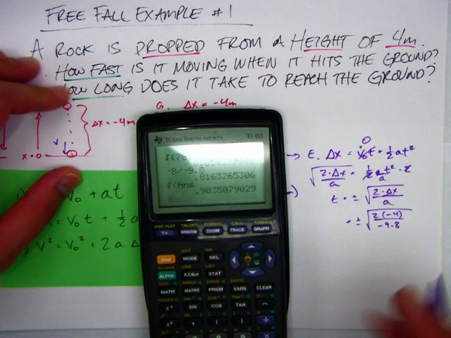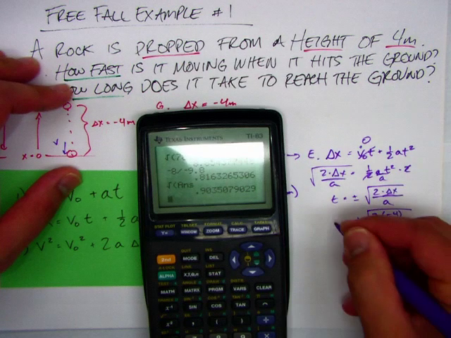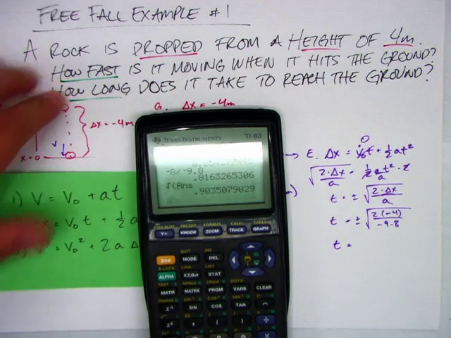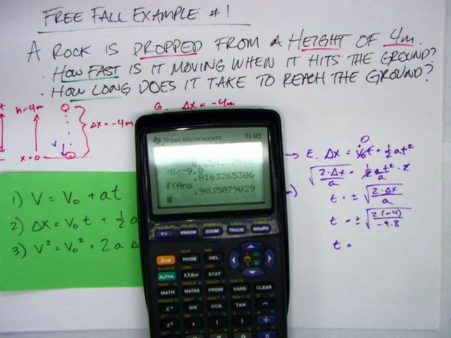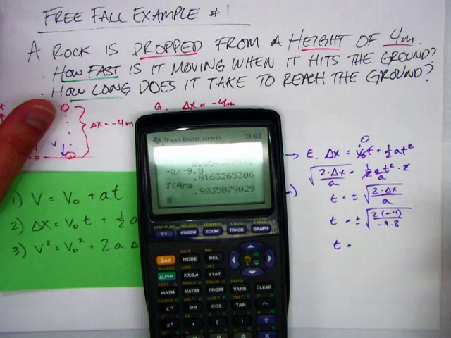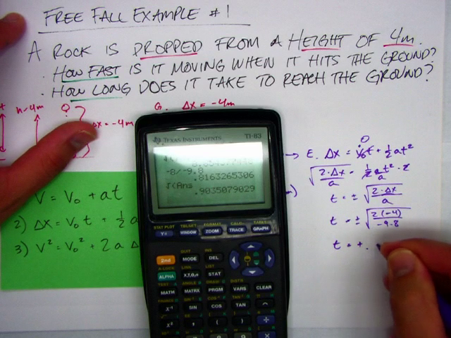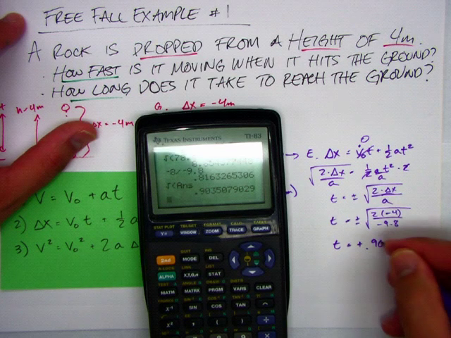Now when I'm solving for time, this should be an easy choice. Is it plus or minus? I never have a negative time. If you get a negative time, that's another indication that you messed up somewhere. You should never solve for a negative time. You should always have the option of it being positive. So in this case, positive 0.904 seconds.